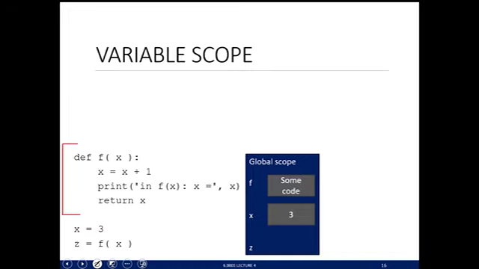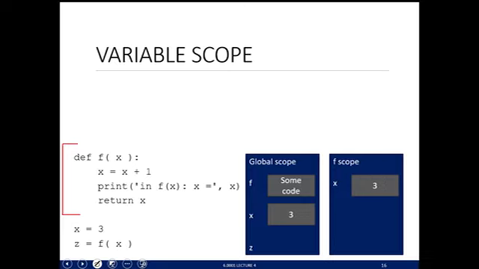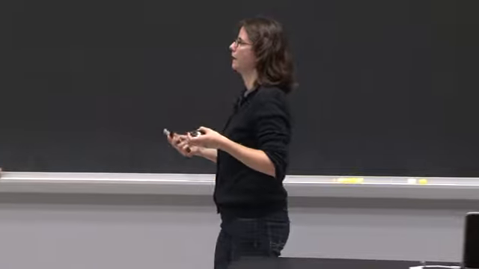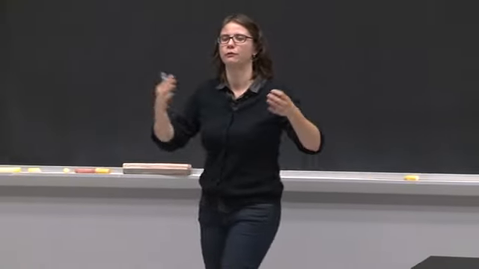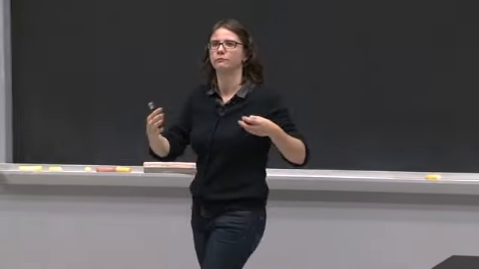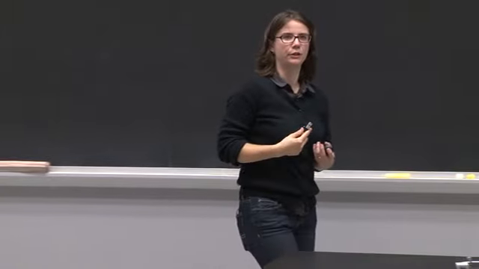And then the next line, z = f(x), is a function call. As soon as you hit a function call, you create a new scope, a new environment. So we're temporarily leaving the global scope and portaling into a new scope where we're going to figure out what this function is going to do and what it's going to return.